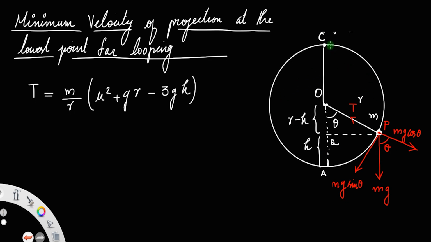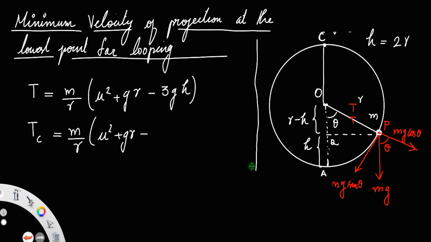Now at the highest point C, h is equal to 2r, twice the radius of the circle.